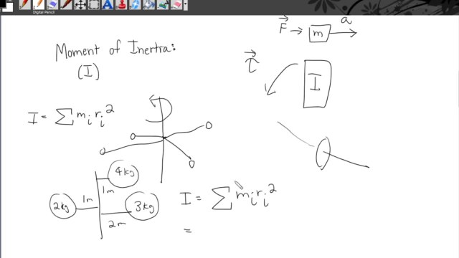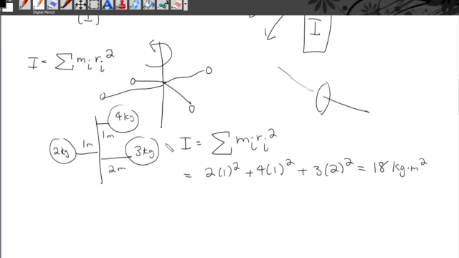It's kind of similar to the center of mass formula, so it's important not to get this confused. So for this mass we have 2 times 1 squared. For this one we have 4 times 1 squared. And lastly, for this one we have 3 times 2 squared, which gives us 2 plus 4 plus 12, which is just 18 kilograms meters squared, as you can probably tell from this.